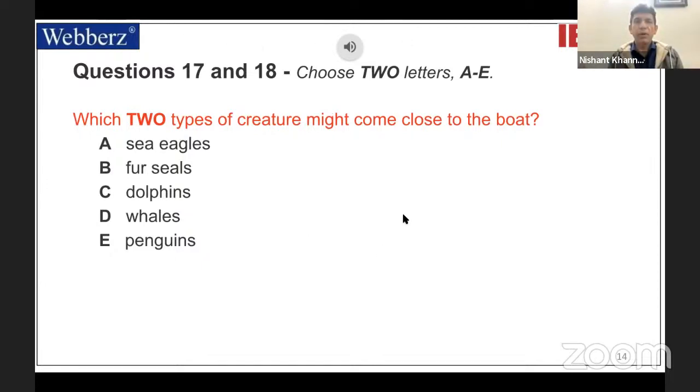Okay, so now he has talked about two kinds of creatures, ones who are close and the others who are far. Remember, whenever we talk in English, the last R is not pronounced.